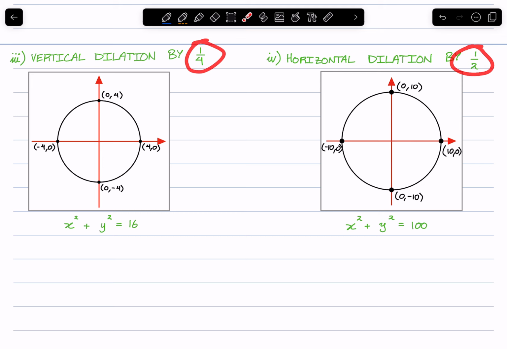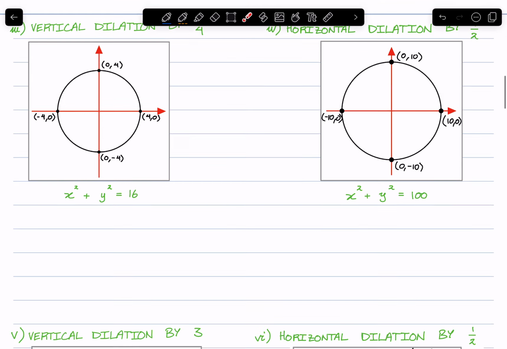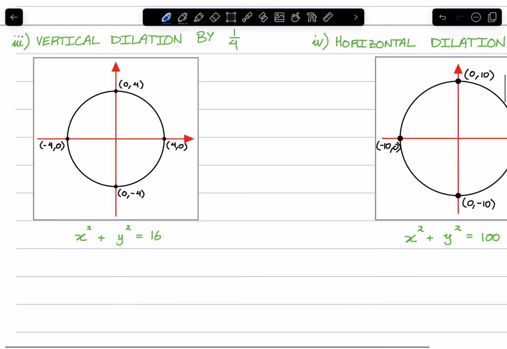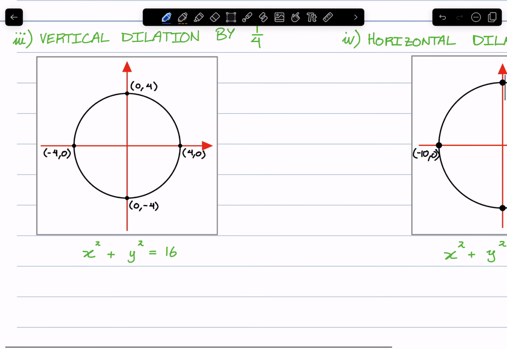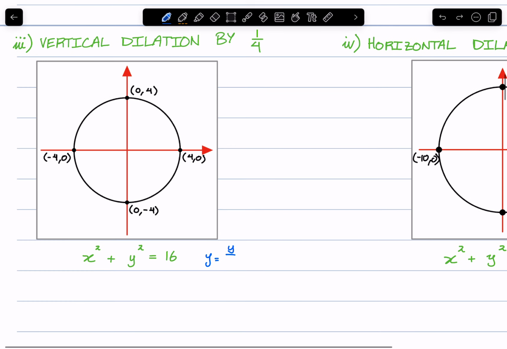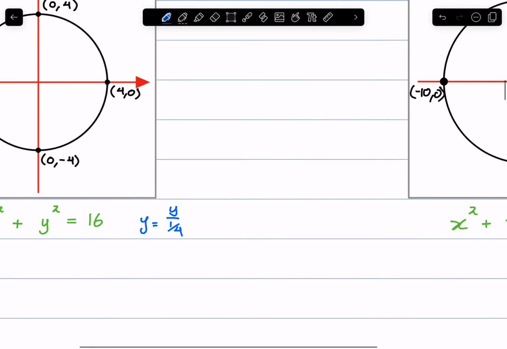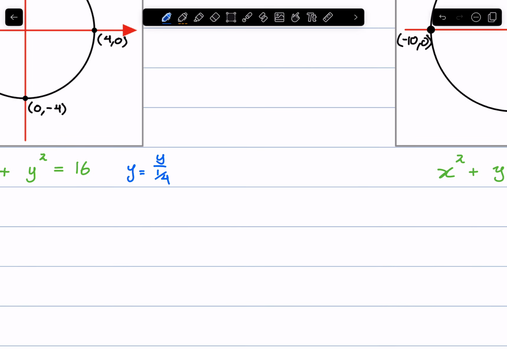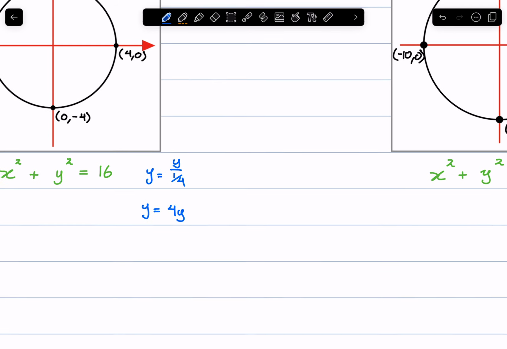These ones, we are dilating it, or multiplying it, by a quarter this time. So let's take a look at what happens when we do this. Now, since it's a vertical dilation, we are substituting y with y over a. In this case, it's going to be y over a quarter. Now, I hope you're getting more familiar with this. Essentially, we are dividing by a quarter, which is the same as substituting y becoming 4y.